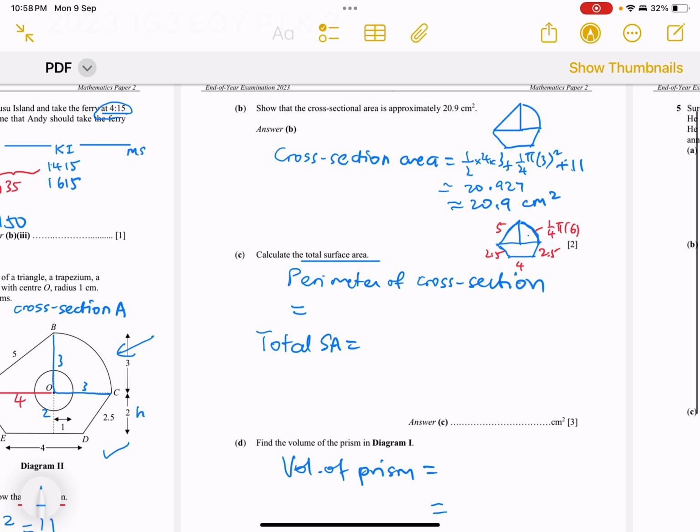Okay, so the perimeter, I've drawn a figure here showing all the lengths that give you the perimeter. We have the base of the figure is 4, then there are 2.5 lengths, and then we have the length 5, and the arc is 1/4 pi d, right? And pi d is 6. Okay, so that works out to be the perimeter.